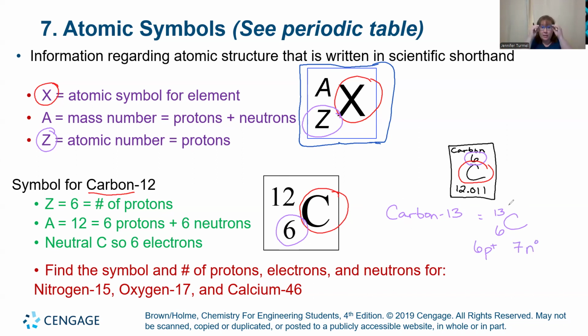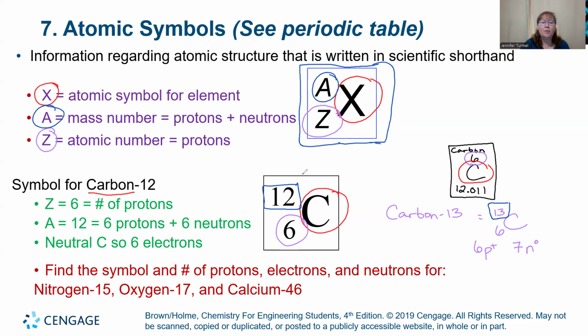So the number up at the top, the mass number, is equal to the protons plus the neutrons. That mass number is here, and I have the mass number here as well. And here is your A, that's your mass number up here.